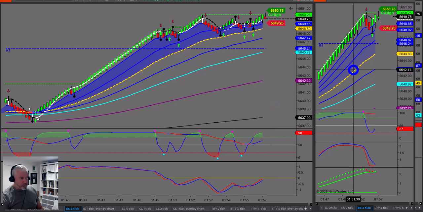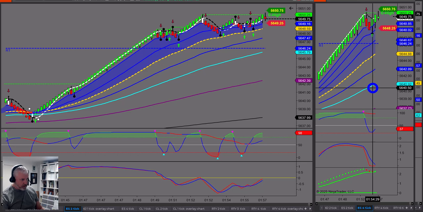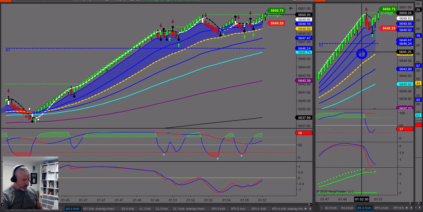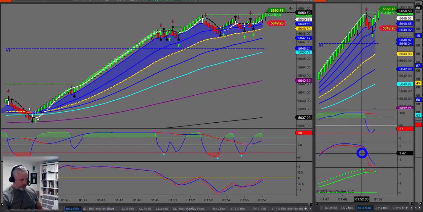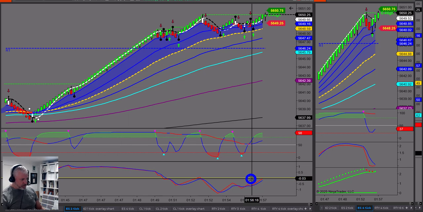What you've got to be very careful of whenever you see this massive angulation, okay, we're usually heading towards a pullback. In fact, this is called a zero lag MACD. That's actually a MACD BB, but just there, if it's just changed a little bit, this here is a zero lag MACD, as this one is.